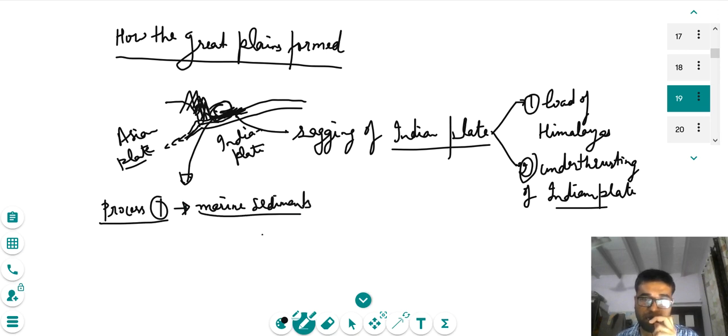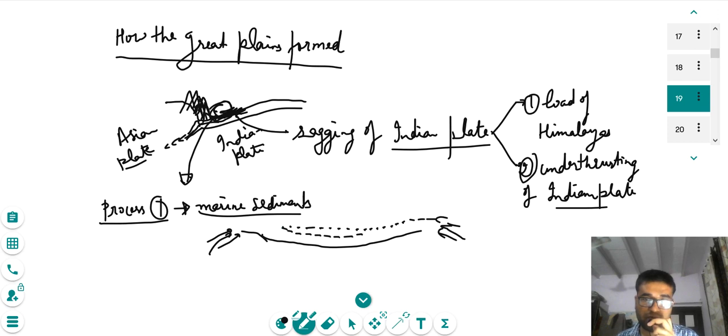That means when the sagging happened in this manner, water from the oceans, one from the Arabian Sea side, other from the Bay of Bengal side, the marine water filled this sagged part, right? And this marine water evaporated and led to deposition of this marine sediment here, right? So the lower part of the Great Plains is filled with the marine sediments, right? This was the process number one.